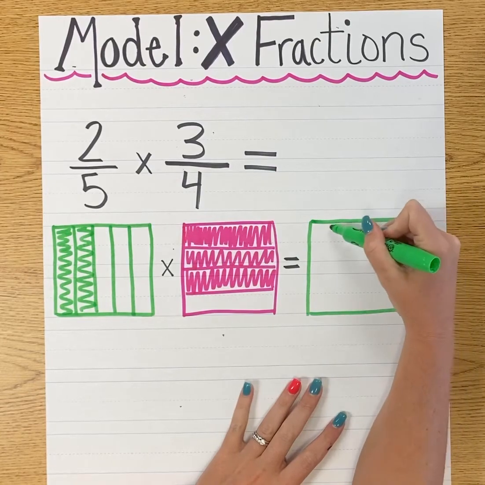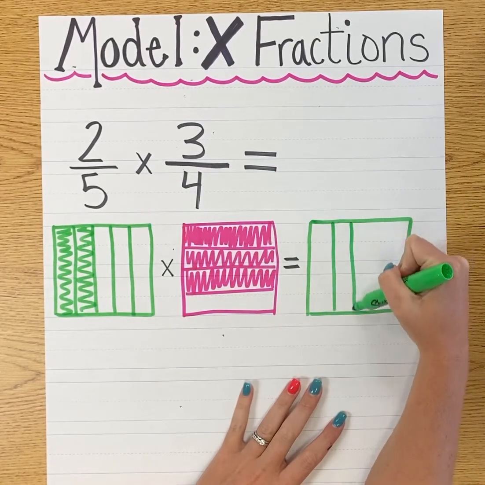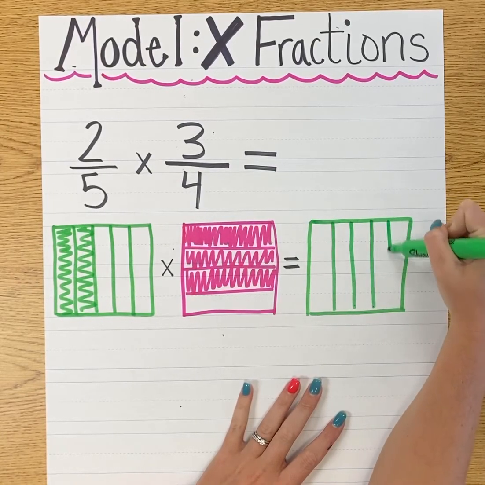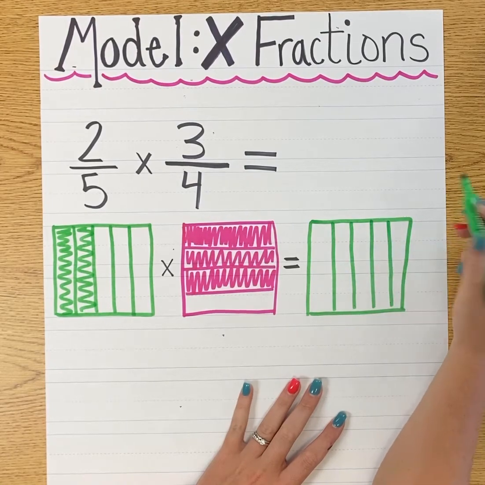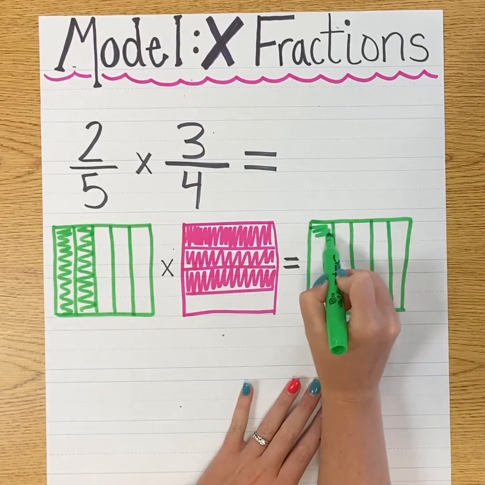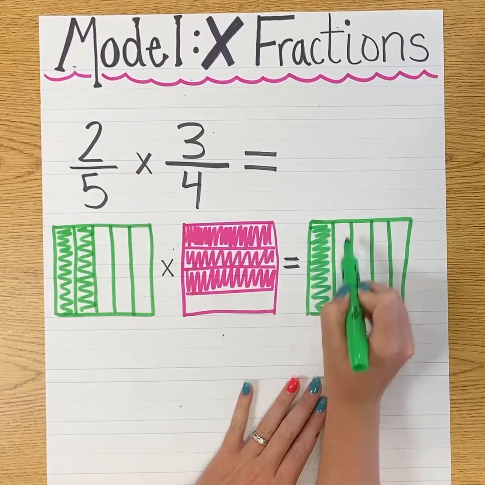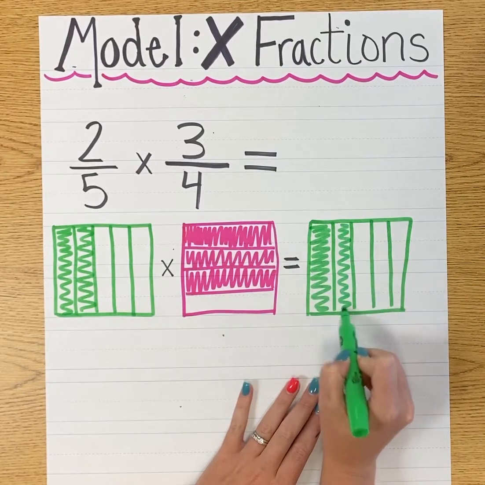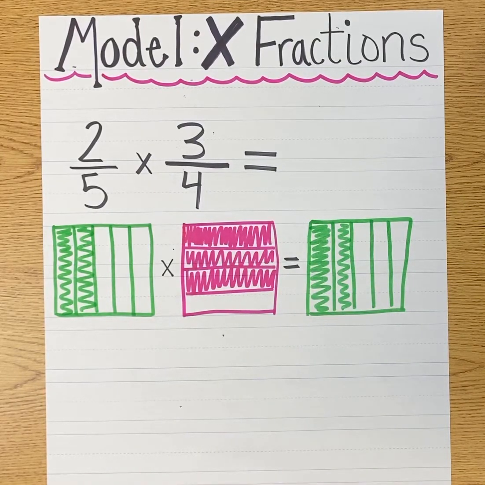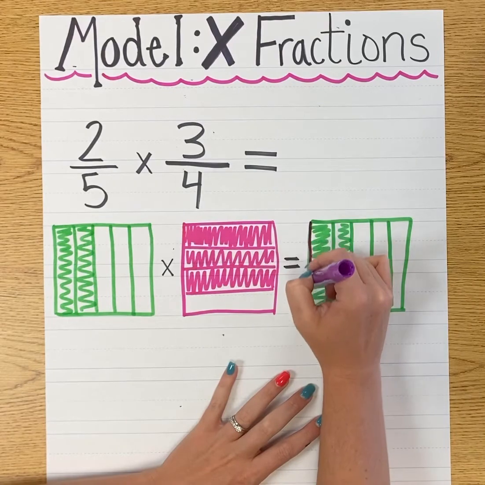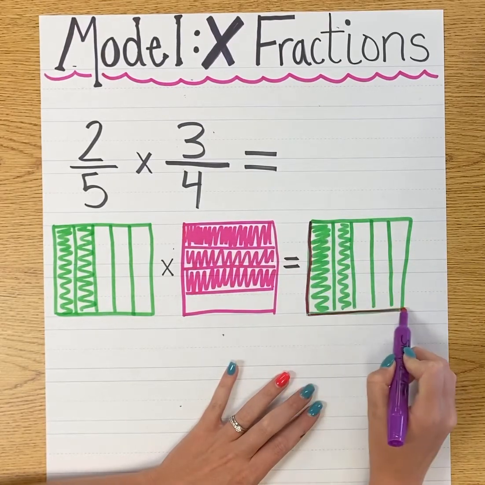I'm gonna draw it the same exact way. Not the perfect straight line, but it's okay. It doesn't have to be perfect. Got my 2/5. And then I'm going to draw my 3/4 straight over top of it.